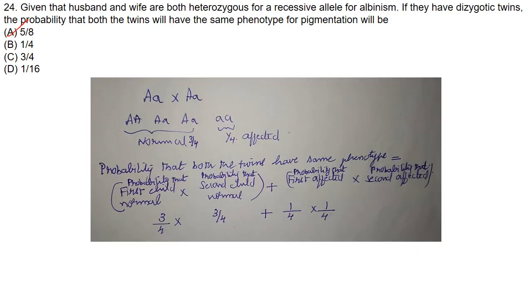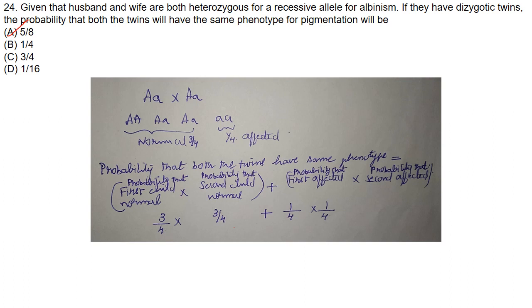Given that husband and wife are both heterozygous for a recessive allele for albinism, if they have dizygotic twins, the probability that both the twins will have the same phenotype for pigmentation will be... So let the heterozygous husband and wife be given by capital A, small a. Upon crossing, you will get 3/4 normal individual and 1/4 will be affected.